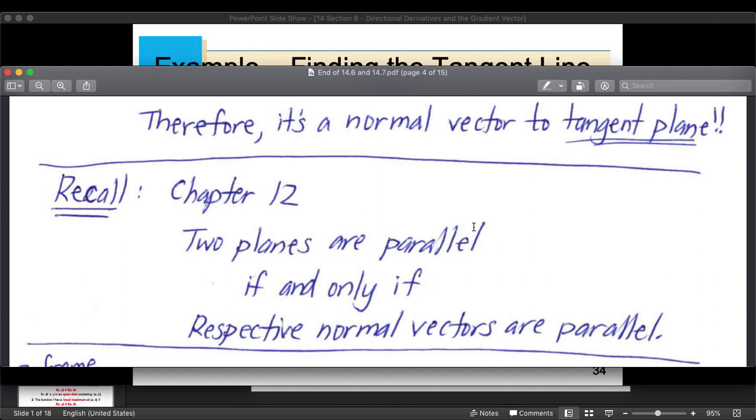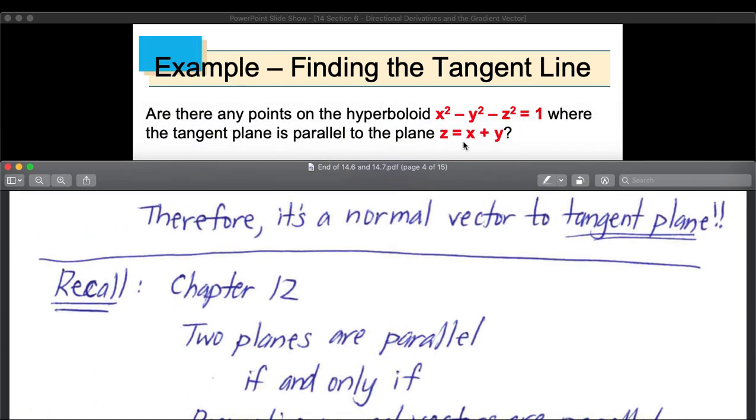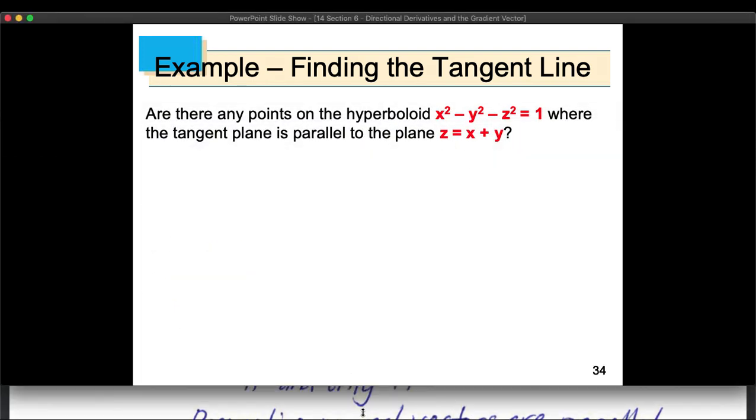But with normal vectors, there's no question. So because of this, what I need to go ahead and prove is that the normal vector to the tangent plane is going to be parallel to the normal vector of the given plane, and that given plane being, let me show that again, this guy right here, z equals x plus y.